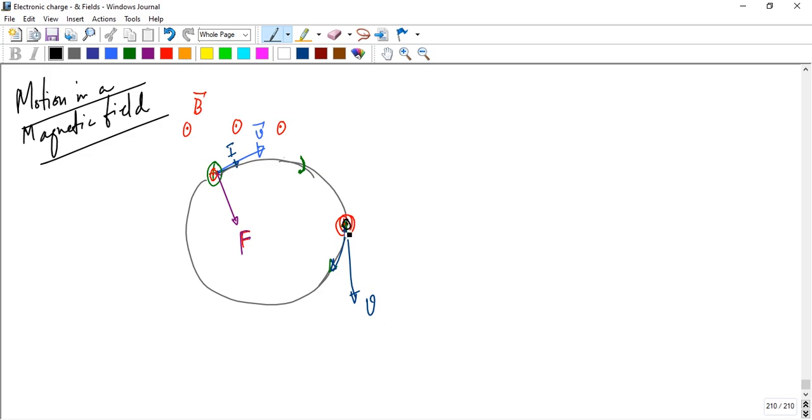So the force equals I cross B. Basically, the current is in the same direction as the positive charge moves. So I cross B means the force is towards some point here.